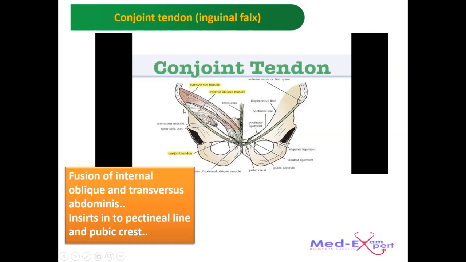Okay, so by this, it will form the anterior relation to the deep inguinal opening, as we will explain later on. And at the same time, it will form the posterior relation to the superficial inguinal opening. Okay?